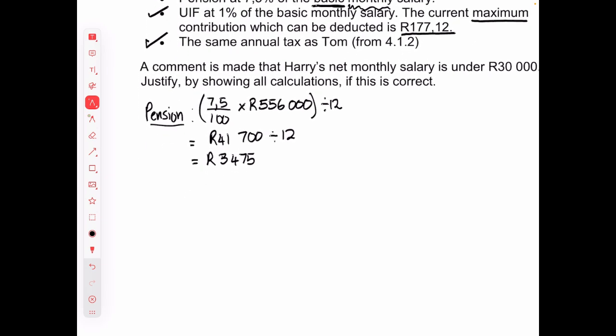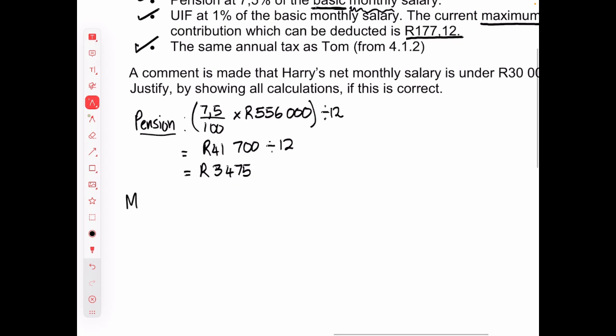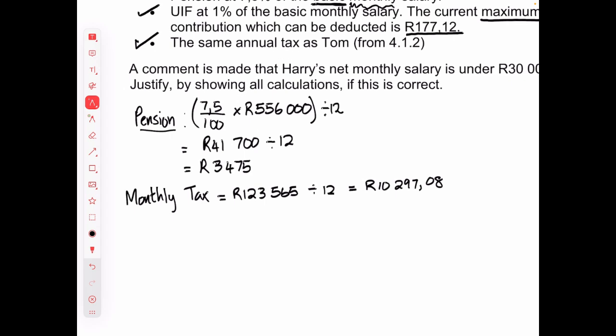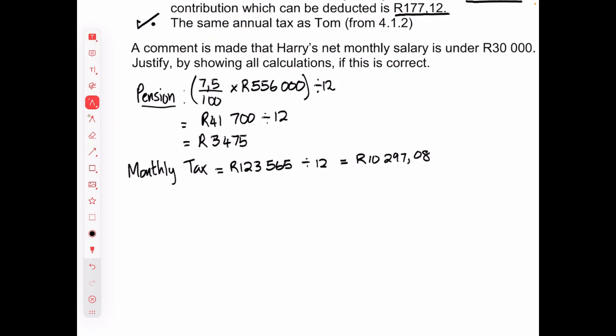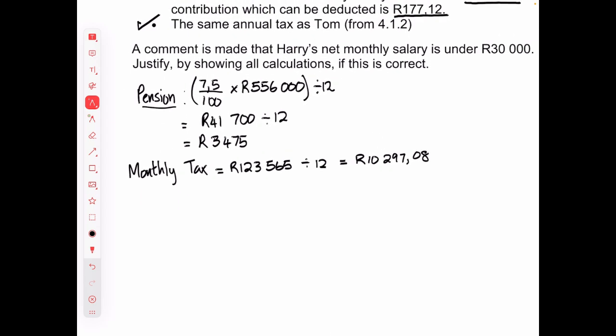Okay, then your monthly tax. So if it's the same as the previous one, which we have already worked out, so the tax was 123,565. We will then divide that by 12 to see how much you will be paying per month. And that works out to 10,297 Rand and 8 cents. Then your monthly salary, because you need to subtract your deductions.